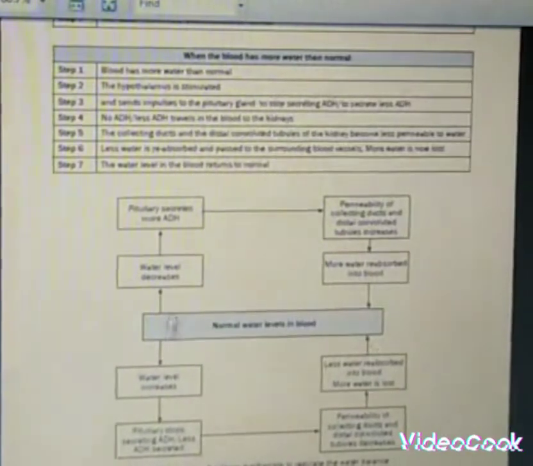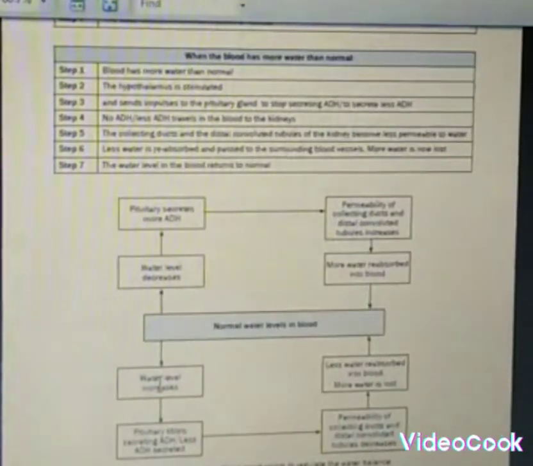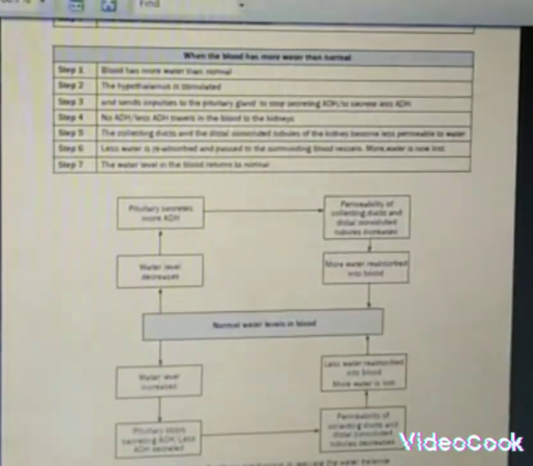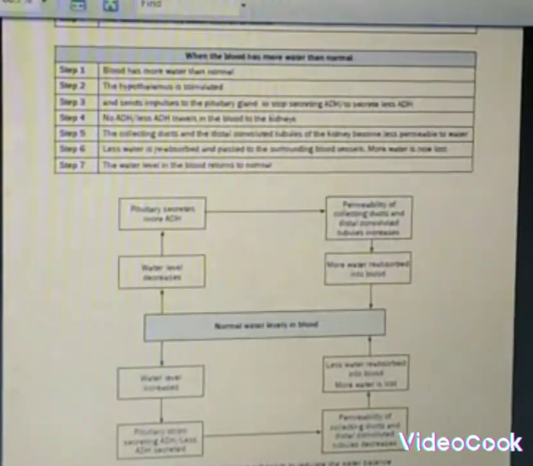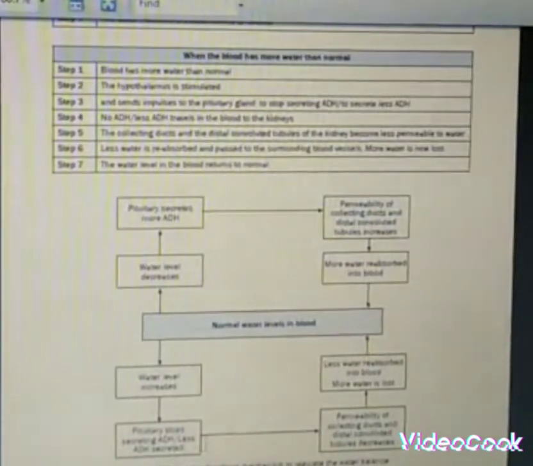But when the water levels are way too high in the blood, it simply means that the pituitary gland is going to be stimulated, but it's going to stop secreting ADH, or it will secrete a very small amount of ADH.